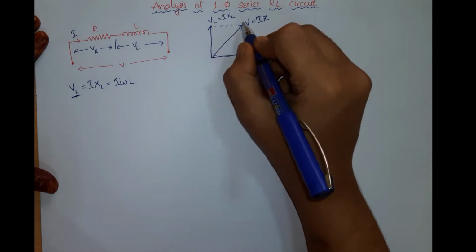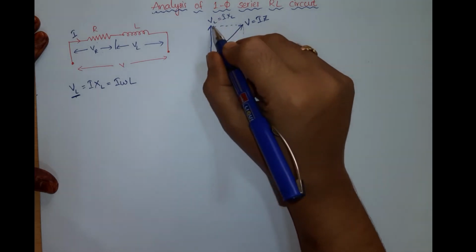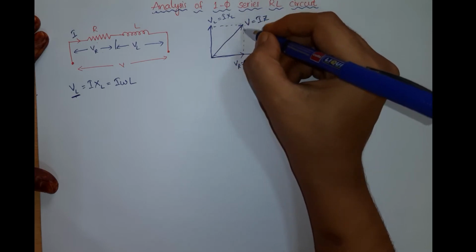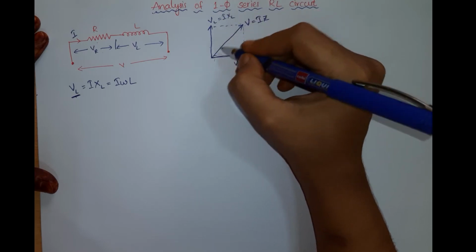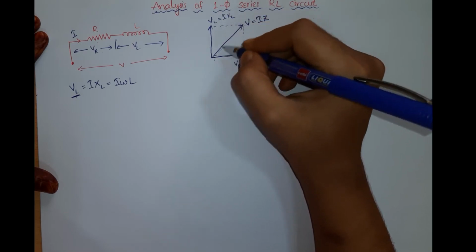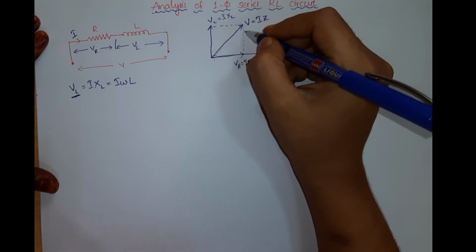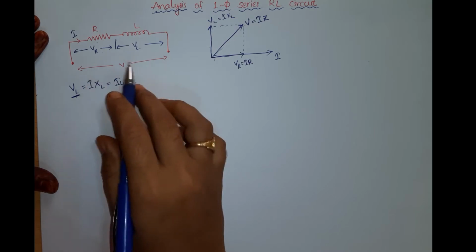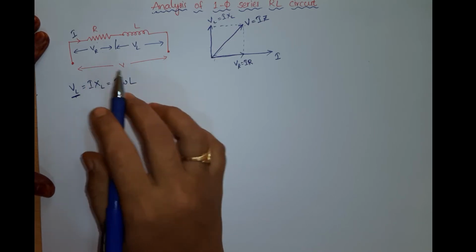By the parallelogram principle, I have taken a line parallel to IR, and this element is parallel to I into XL. The diagonal of this parallelogram will be the total resultant voltage across this series circuit.